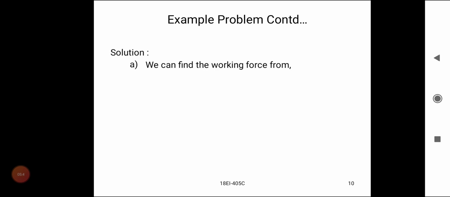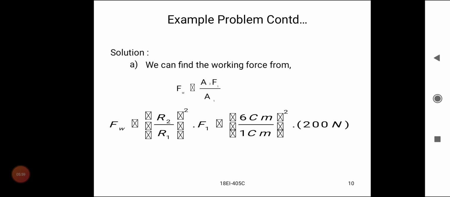Solution. A. We can find the working force from Fw equals A2 by A1 of F1, so Fw equals R2 by R1 whole squared of F1.